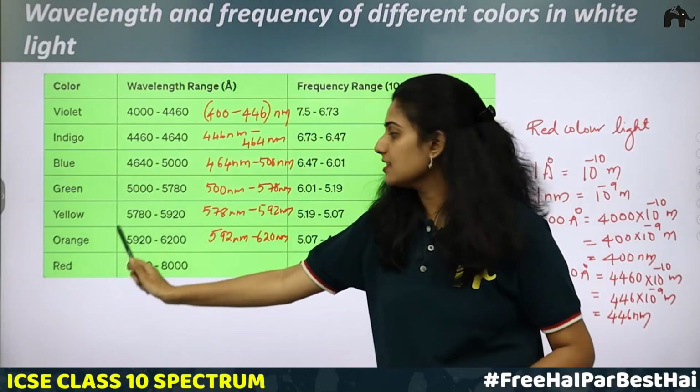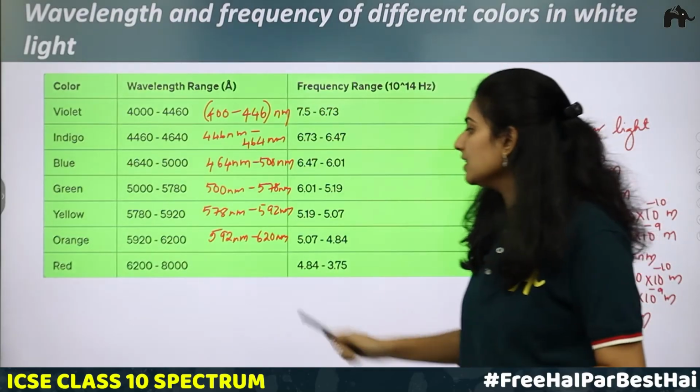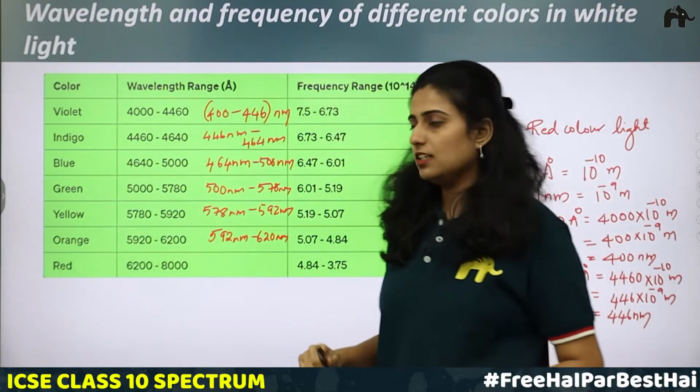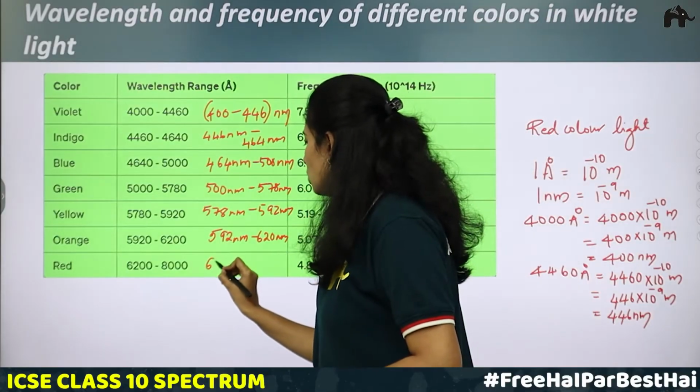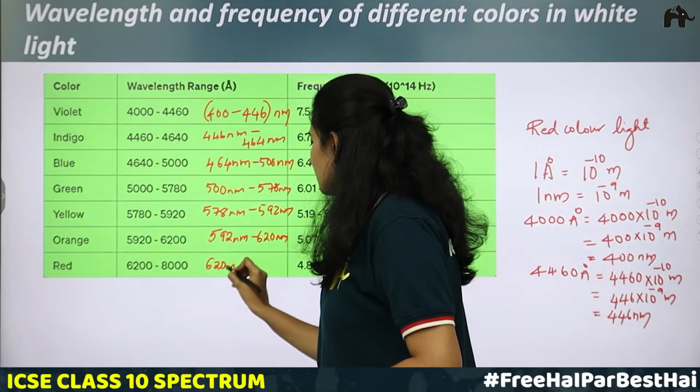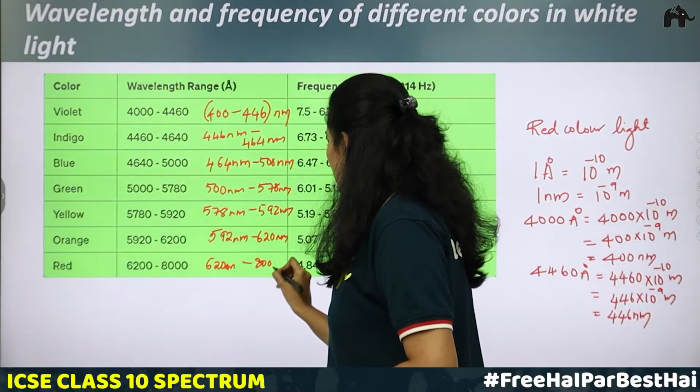Then you have the last, that is red color, which has the maximum wavelength, 6200 angstrom to 8000 angstrom, that is 620 nanometer to 800 nanometer.